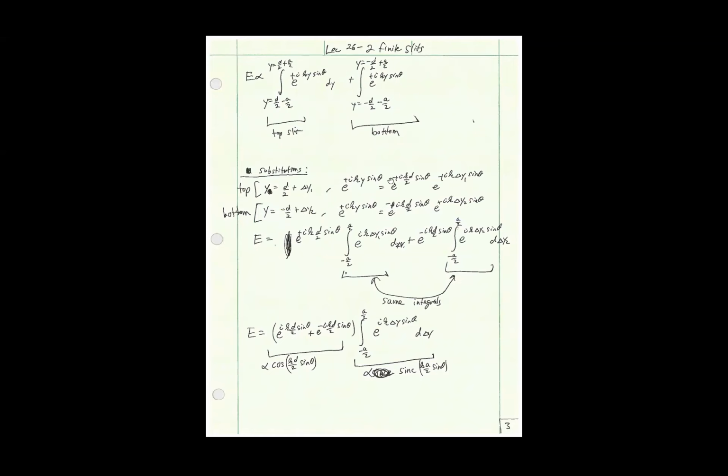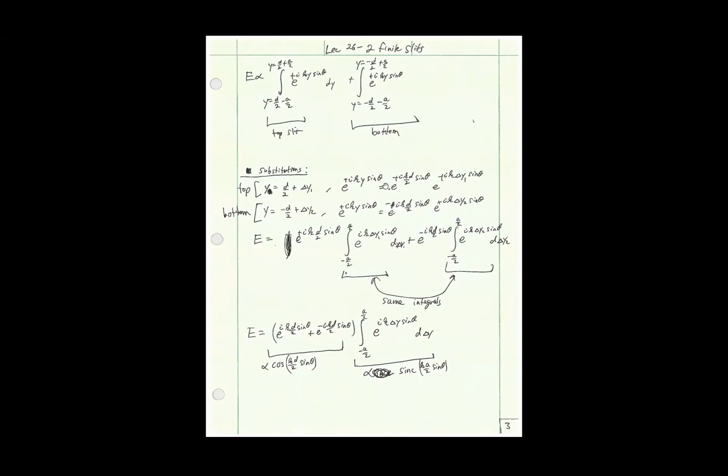And so then we can rewrite all of these exponentials as products of something that has the center coordinate, d over 2 or minus d over 2, and then our ik sine theta, and something that has delta y in it.